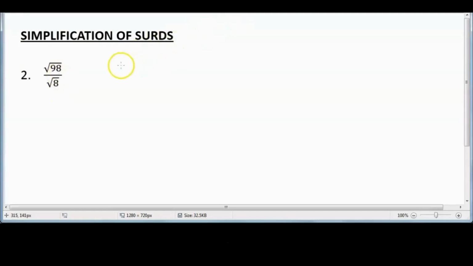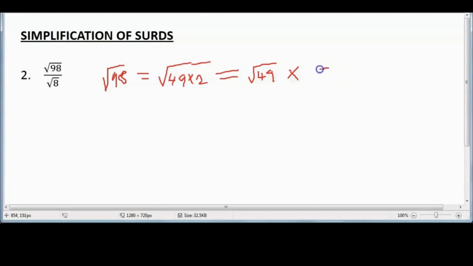Root 98 is the same thing as root of 49 times 2. 49 times 2 is 98, which can then be broken down into root 49 times root 2.